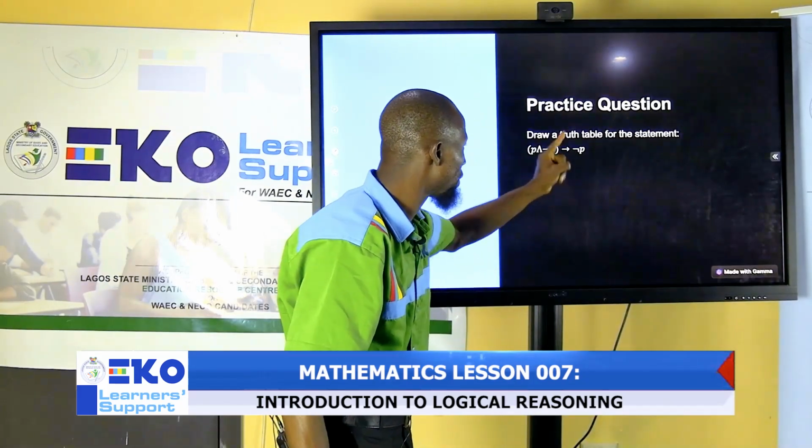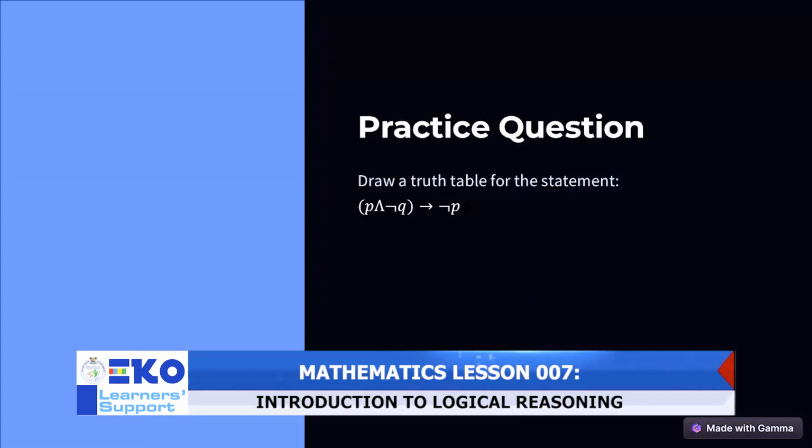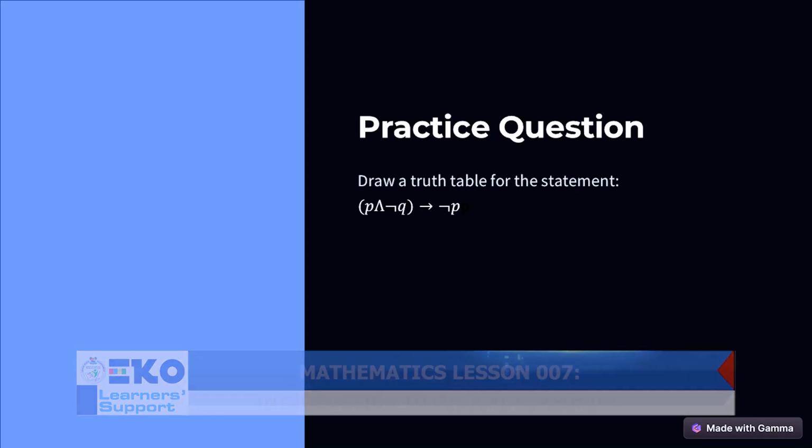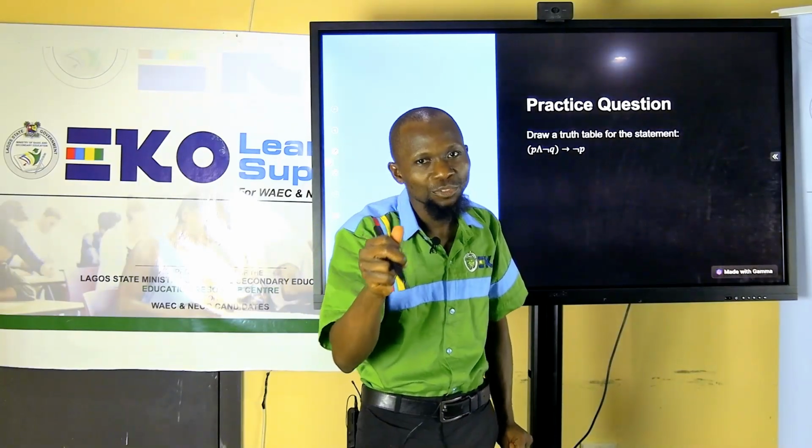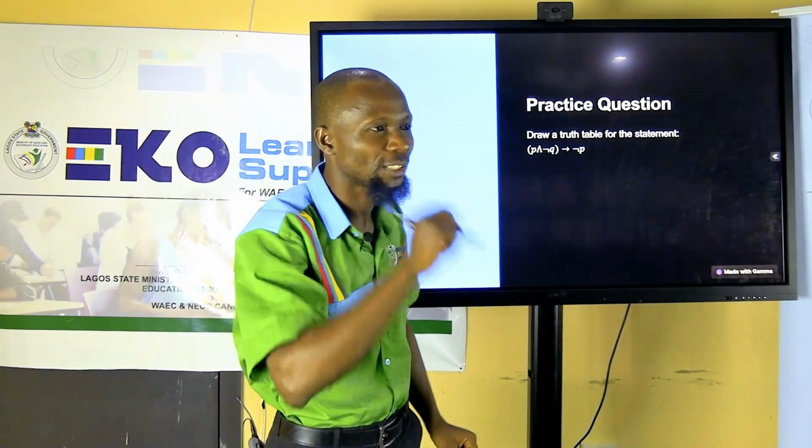Draw a truth table for the statement P and not Q, conditional not P. So I give you just 60 seconds to look at that.